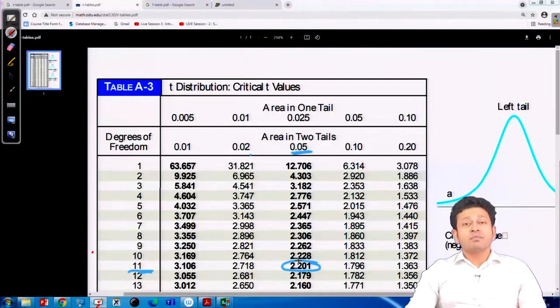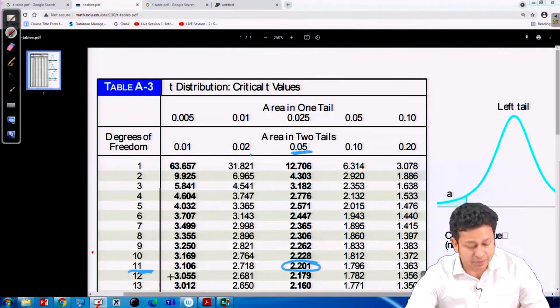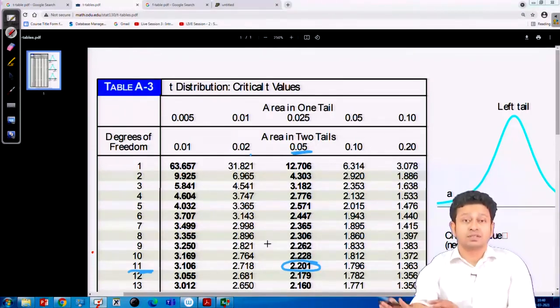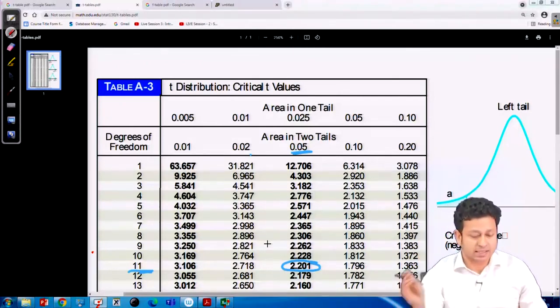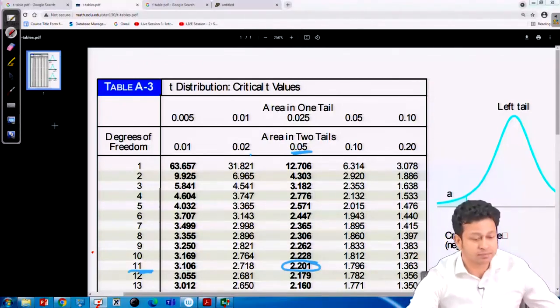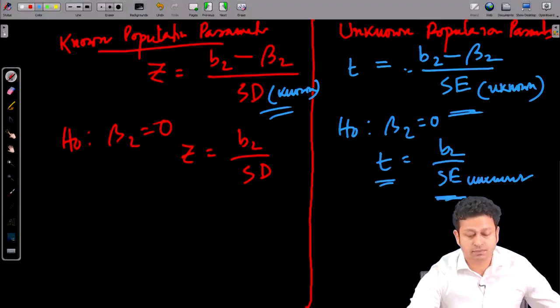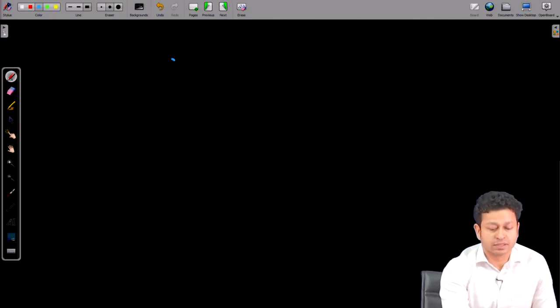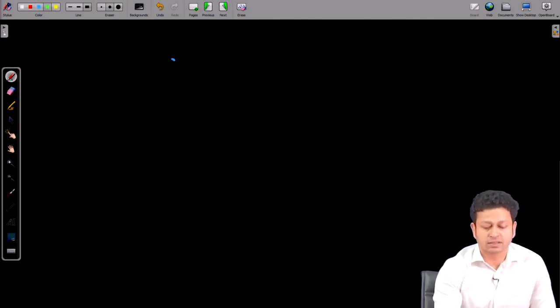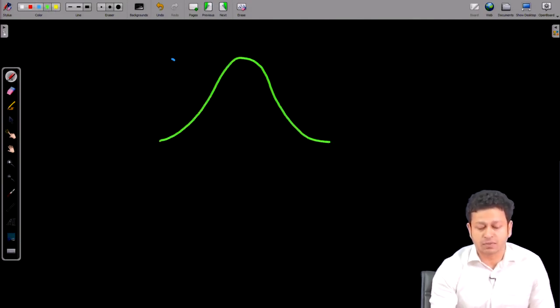Now, I will draw a t distribution and try to see where my observed t value falls vis-a-vis the critical t value. We know that the t distribution looks somewhat similar to the normal distribution, though it is not a normal distribution.